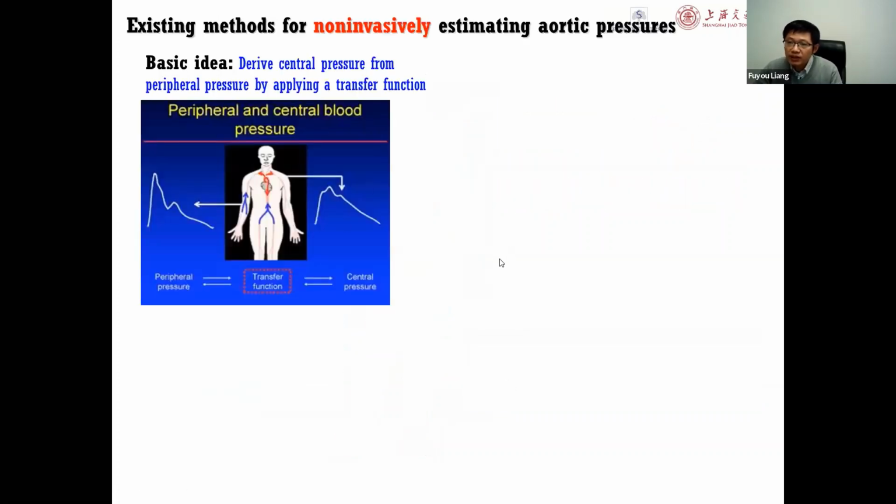So some researchers have tried to develop methods to non-invasively estimate aortic pressures. The basic idea is to derive central pressure from peripheral pressure by applying a transfer function.